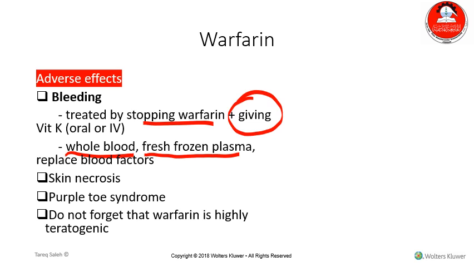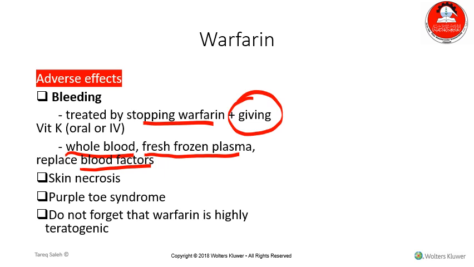And you can replace coagulation factors individually, like if your laboratory tests came back with very low levels of coagulation factor 10, for example, you can just replace coagulation factor 10. And these measures are usually faster than the treatment with vitamin K, which could require a few hours to start working.